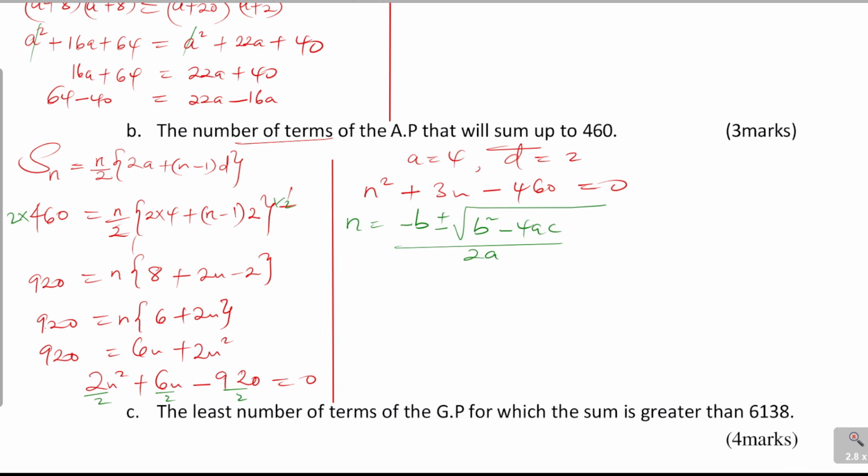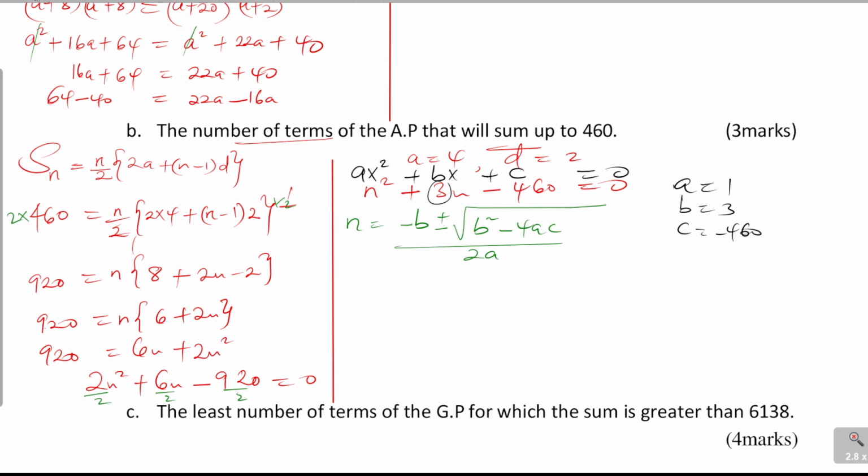This is the quadratic formula, whereby in this quadratic equation, if you compare the terms, that is a standard quadratic equation, ax squared plus bx plus c is equals to 0. So just compare. a will be 1, then b is the coefficient of n, b will be 3, and then c will be negative 460.